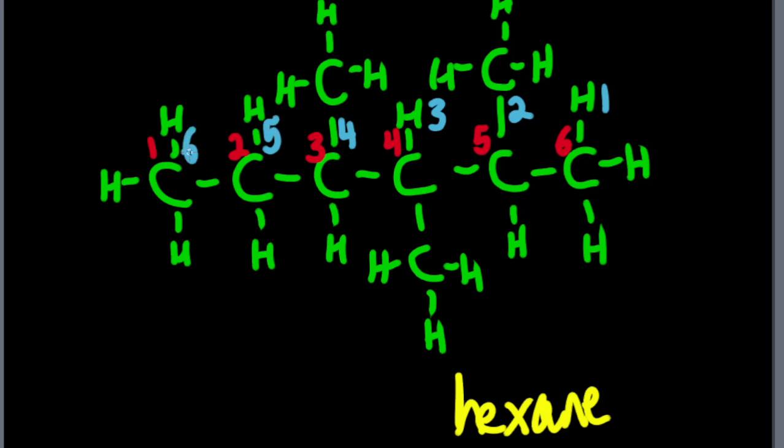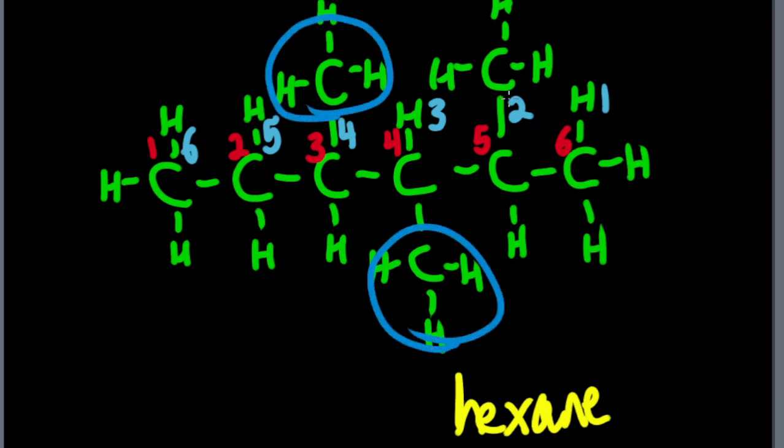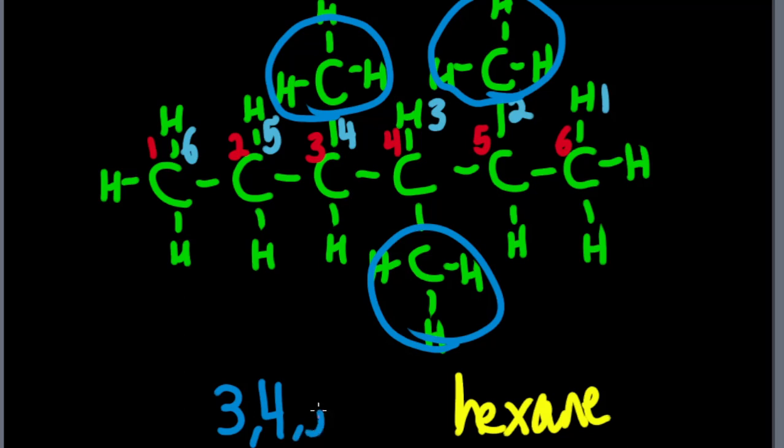Now, what I'm trying to do is figure out which configuration will give me the lowest numbers. Okay, so if I find my methyl groups, which are here, here, and here, if I go in the direction from left to right following the red, I would have 3, 4, 5 trimethyl.